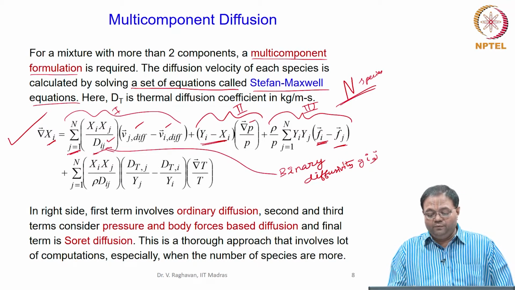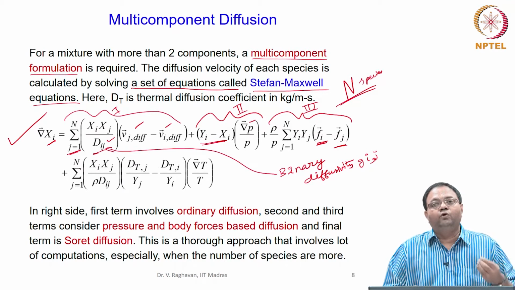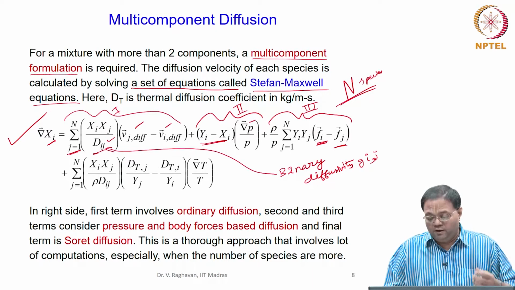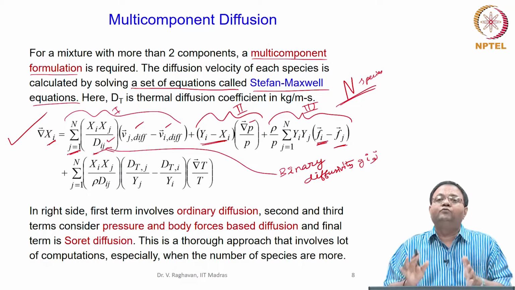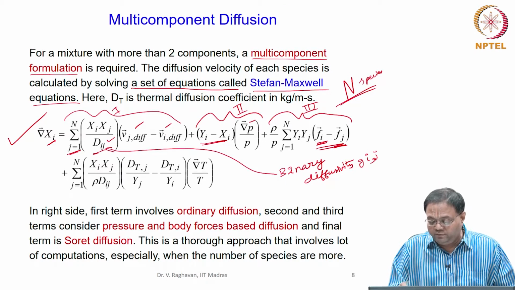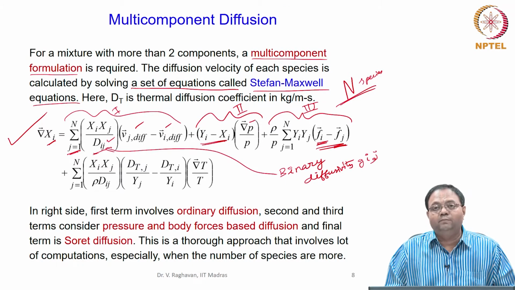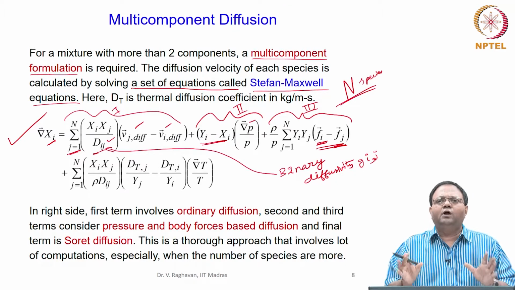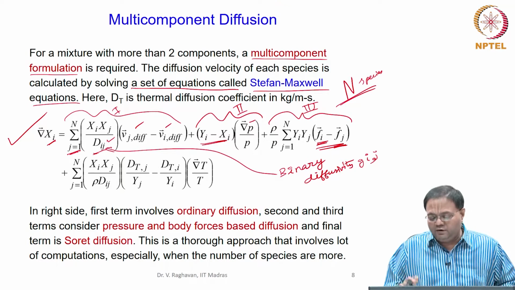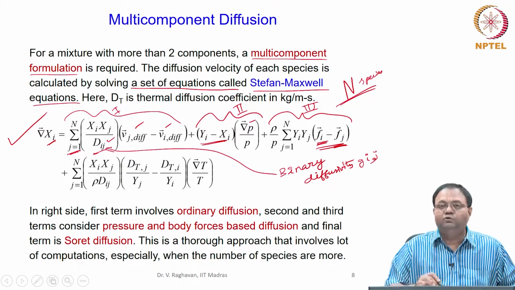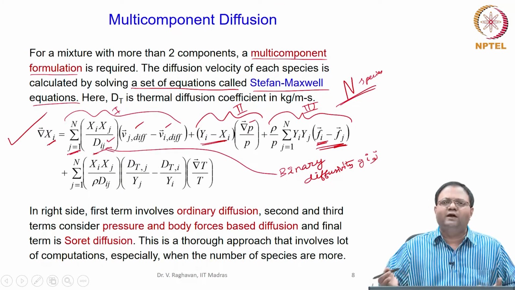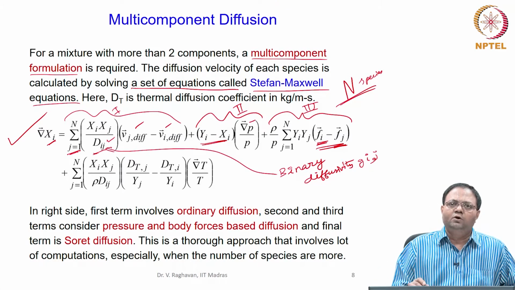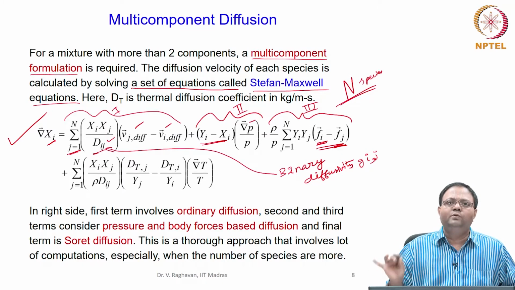F vector suffix i is the body force for the species i. Please see that if unequal body forces are there, then this term, Fi vector minus Fj vector, will be significant. However, if the body forces are not so high, then this term will be negligible, so the third term will go out. In several cases, the third term will not be useful. Similarly, the pressure gradients are not so large, so that is also going to be negligible for us.